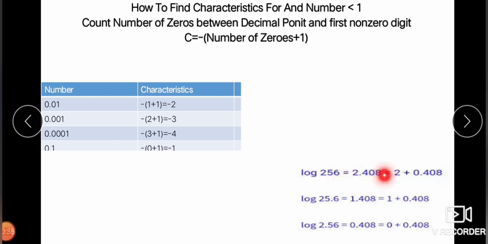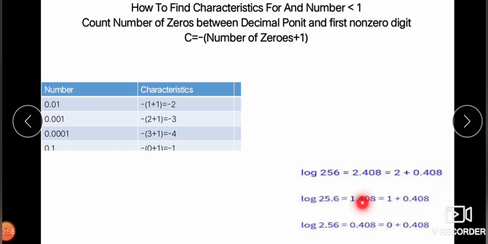This will give 0.4080 and total value is 2.4080.